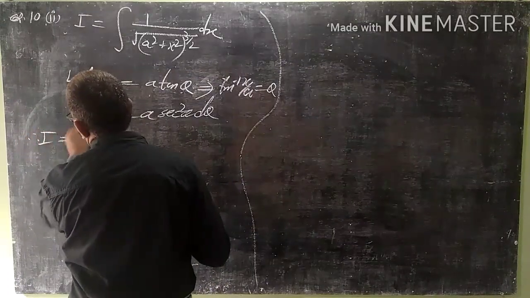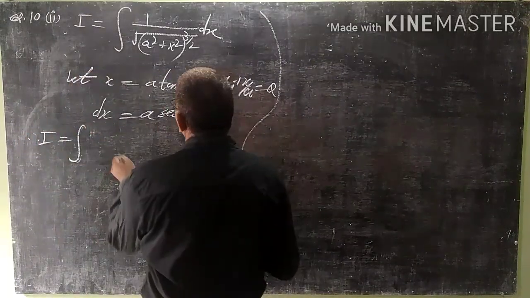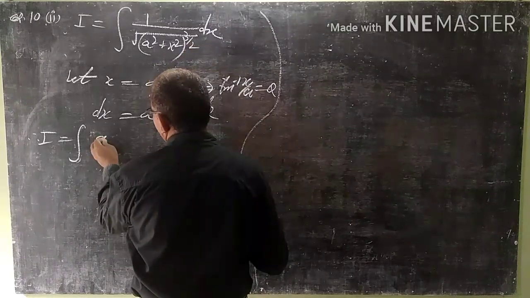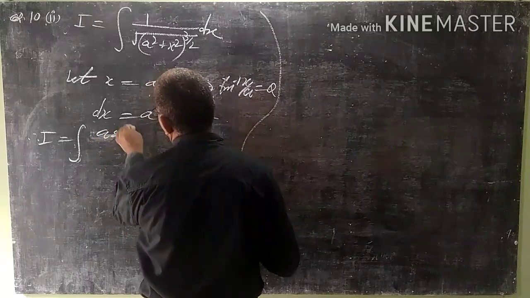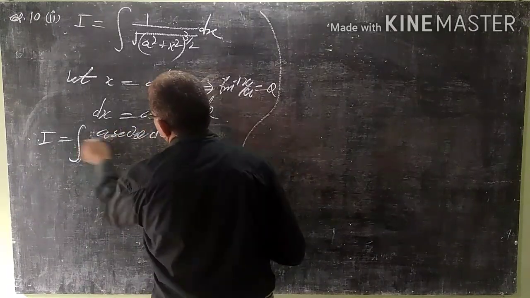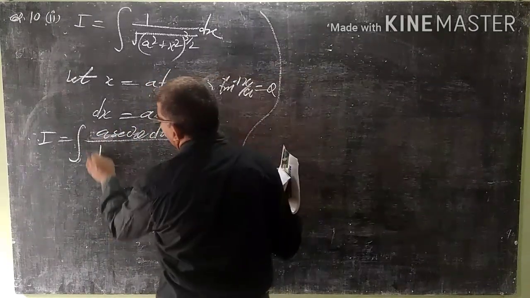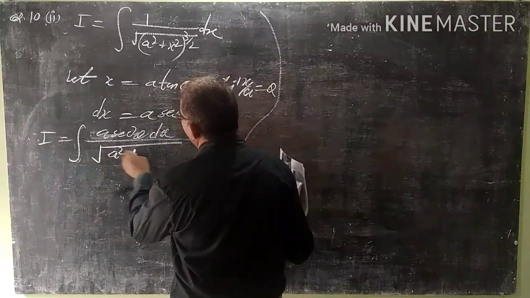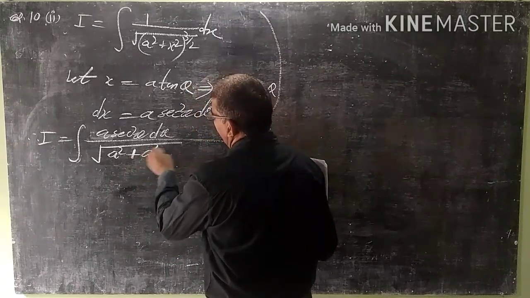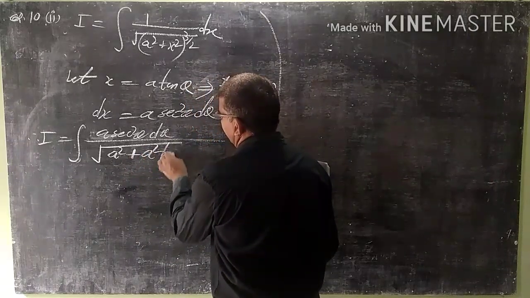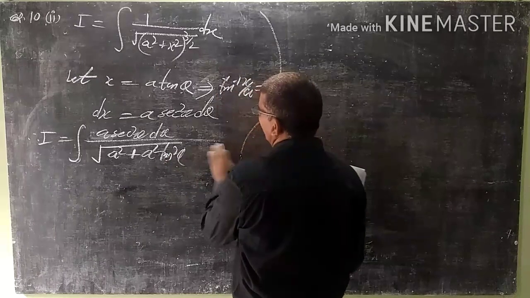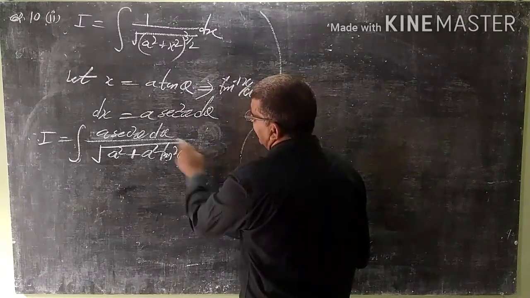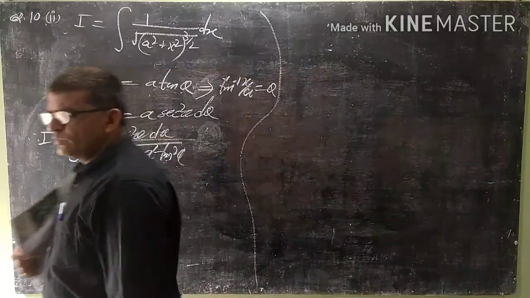Therefore, I equal to, instead of dx we can write a sec square theta d theta upon under root a square plus a square tan square theta, value of x, d theta already we have written.